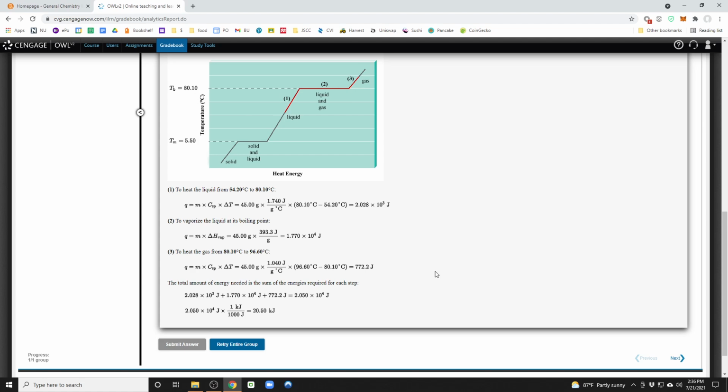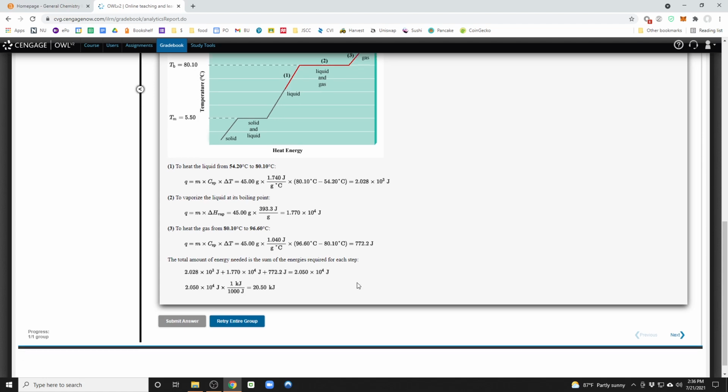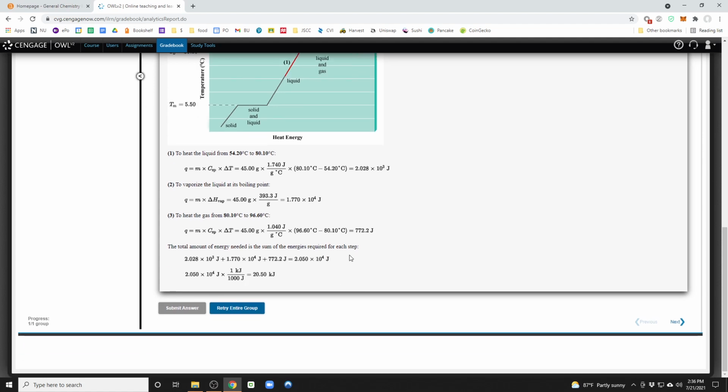I go ahead and add those all up. So this one, plus this one, plus this one. And that would give me a total of, for all three regions, 2.050 times 10 to the fourth joules, essentially 20,000 joules. I want this in kilojoules for my answer for my problem.